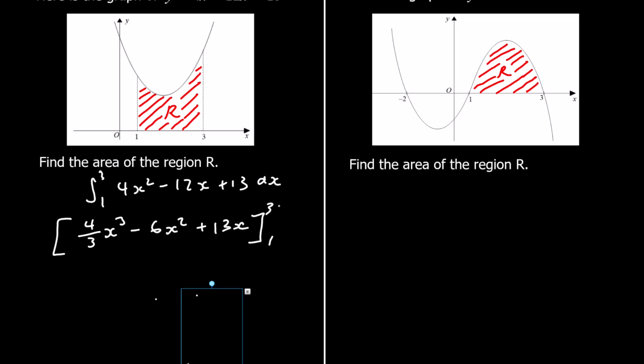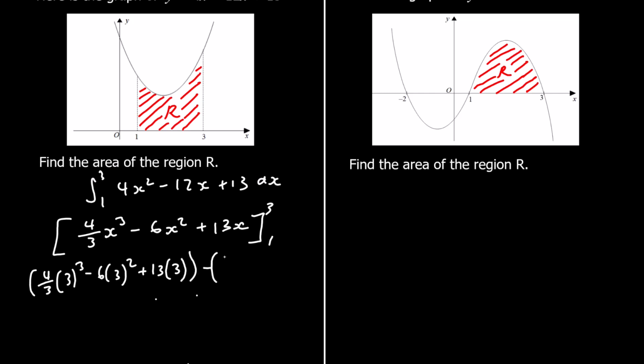And we keep the limits there. So substitute in 3, substitute in 1, and take them away. So 4/3 times 3 cubed minus 6 times 3 squared plus 13 threes. Take away 4/3 times 1 cubed minus 6 times 1 squared plus 13 times 1.